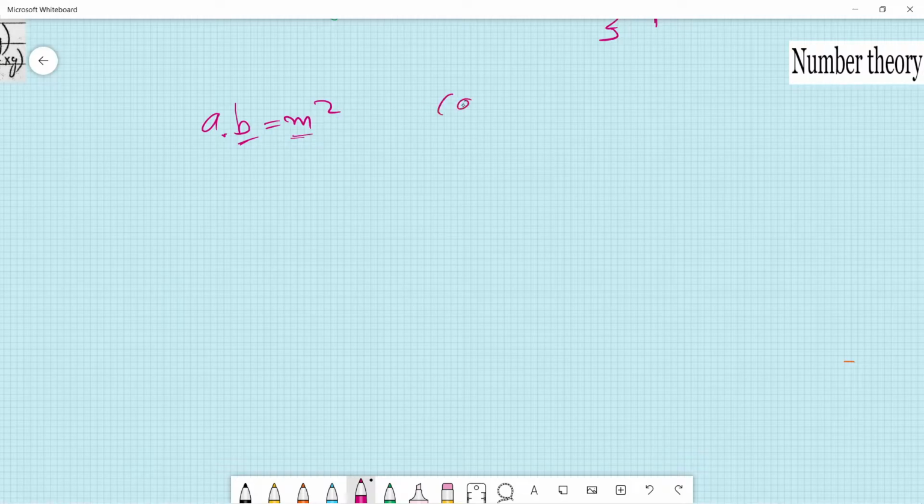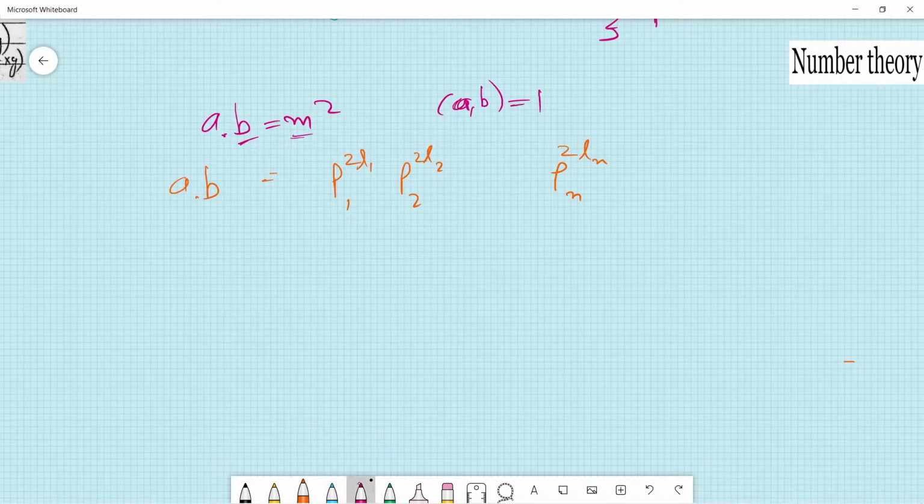It is given to us, the GCD is 1. Now look at this. Let's look at the prime decomposition of m. m can be written as p1^l1 p2^l2 ... pn^ln, and since it is raised to the power 2, we'll have 2 here everywhere.